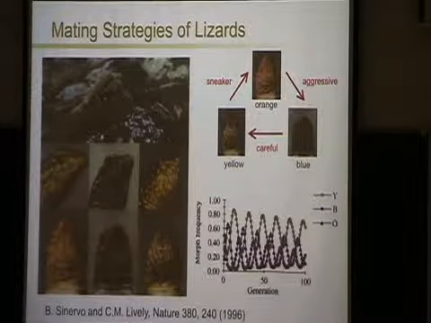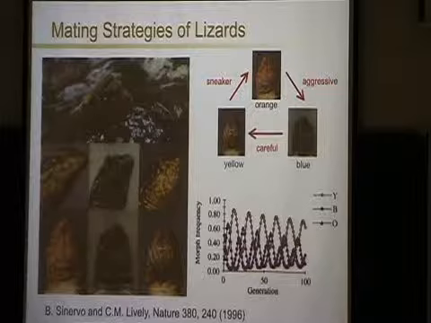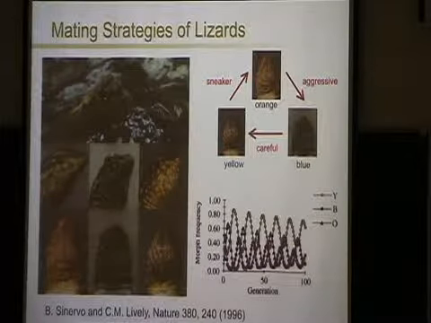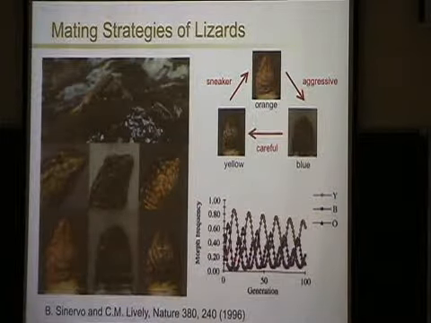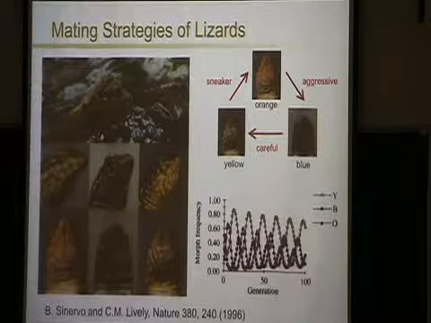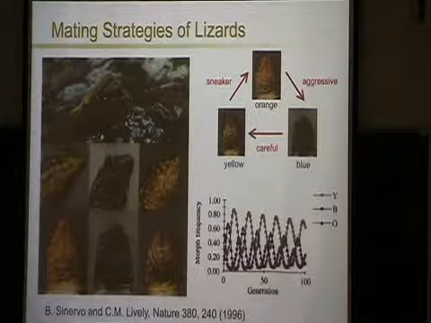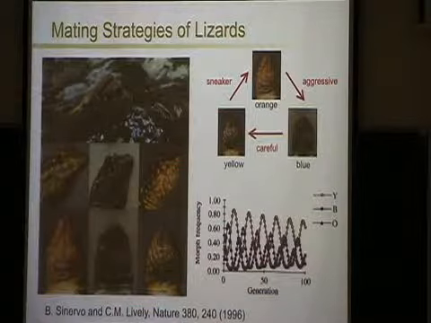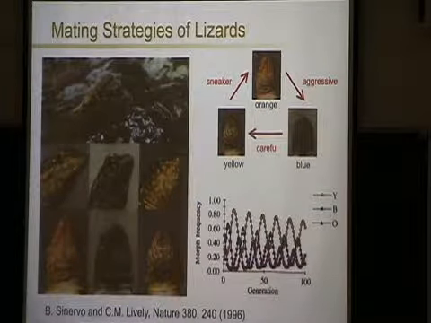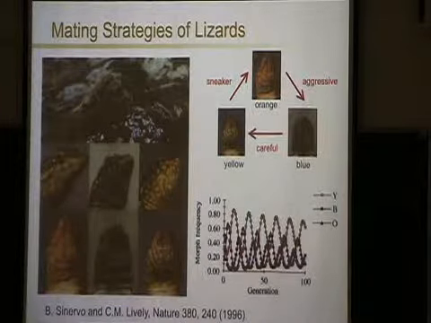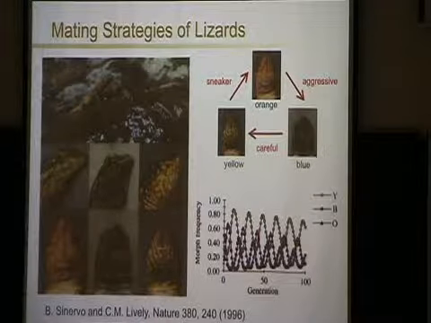So you have a cyclic dominance, like in a rock-scissors-paper game, and actually what people observe when they look at the relative frequency of the different morphs in the population is oscillations, as you would expect if you analyzed this rock-scissors-paper game as I wrote it down just two transparencies ago.